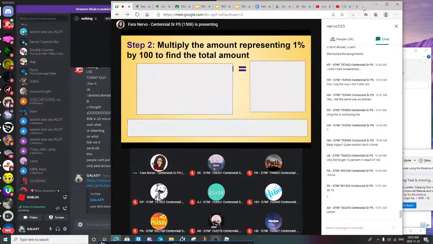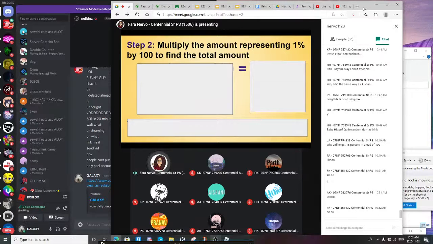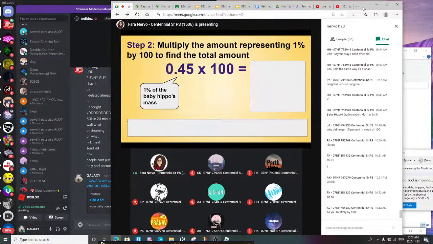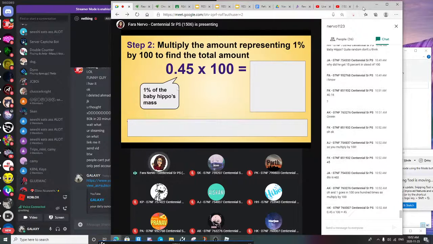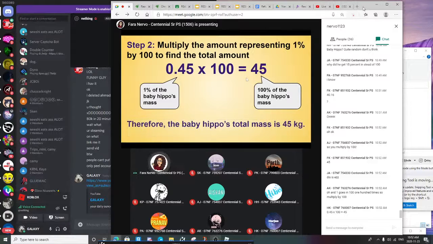So step two is, now that we have the amount for 1%, we just multiply it by 100, and then we get the total. So 0.45 kilograms, that's 1% of the hippo's mass. Multiply it by 100, and you get 45. So 100% of the baby hippo's mass is 45 kilograms.